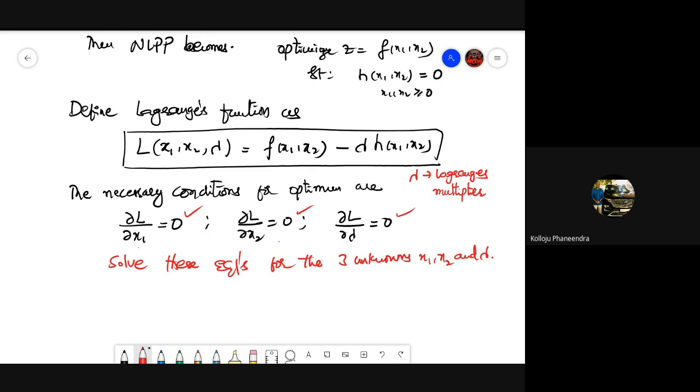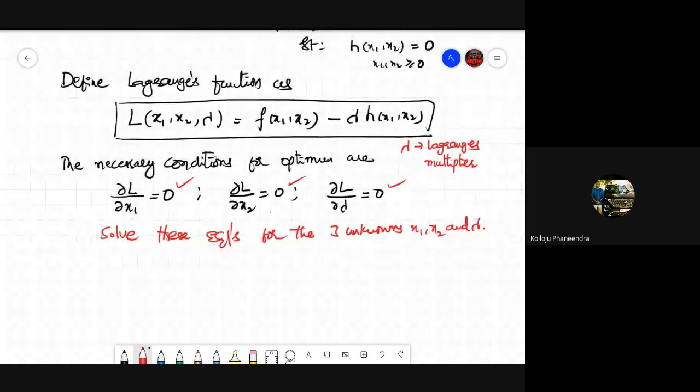Then after getting the point, therefore the stationary point is, let me consider, capital X equal to x1 comma x2 is the stationary point.